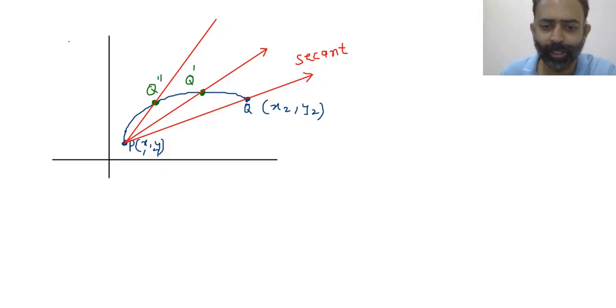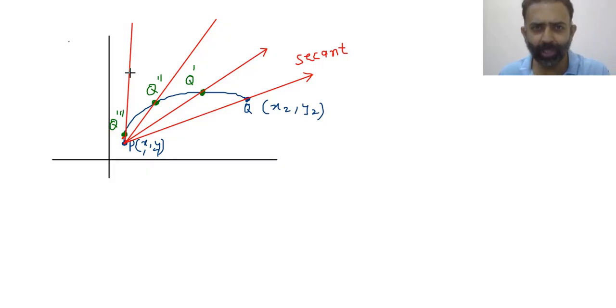I'm bringing this point Q closer to point P, and there will be a point very close to point P. I'm calling this Q triple dash. If I join point P with Q using a straight line, this secant will now appear to you as a tangent line.